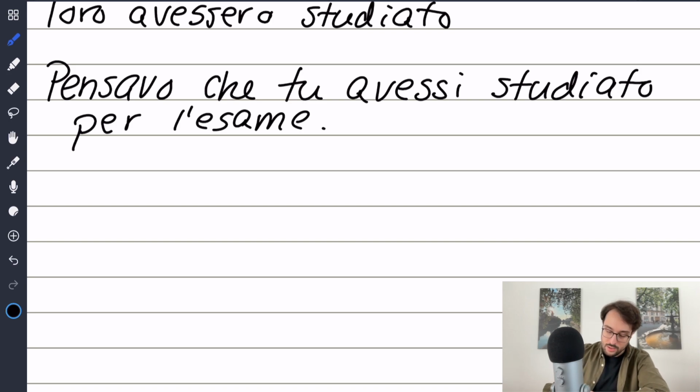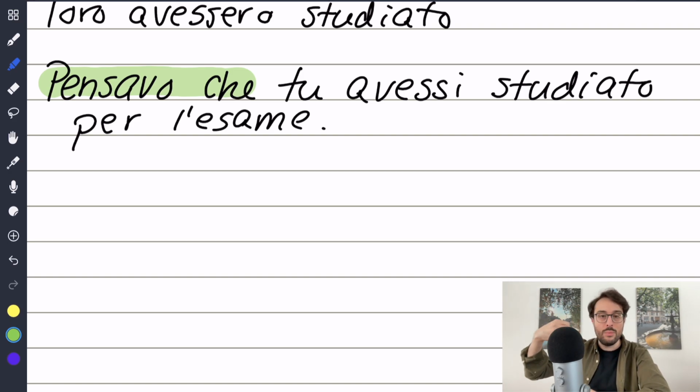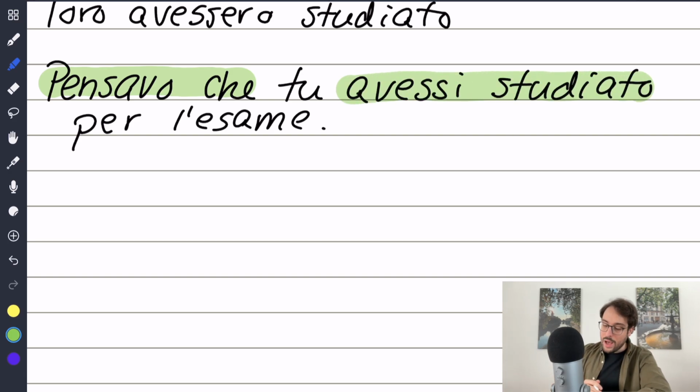So this right here, as we were mentioning, we've got our trigger phrase, our pensavo che, that lets us know, hey, we're entering into personal opinion, uncertainty, doubt, those sorts of things that requires the use of the congiuntivo after the che. So we have avessi studiato. So I thought you had studied.